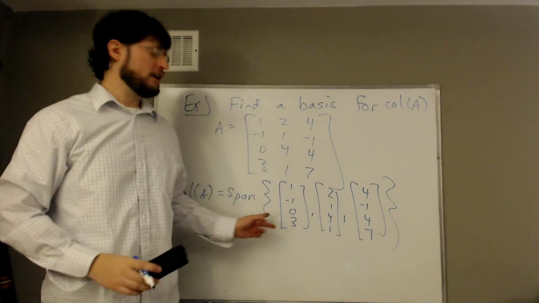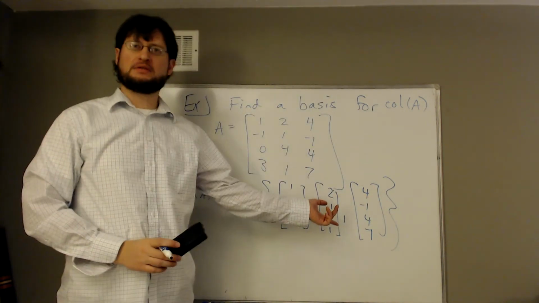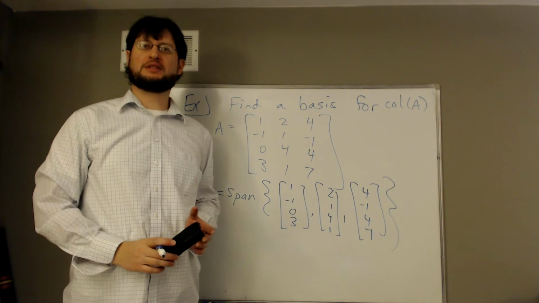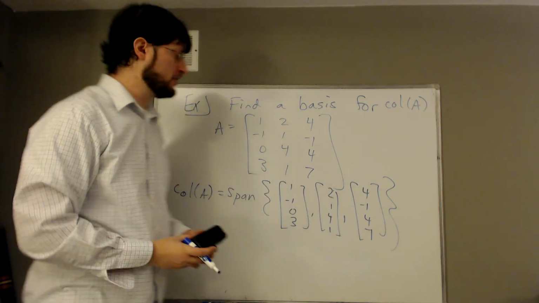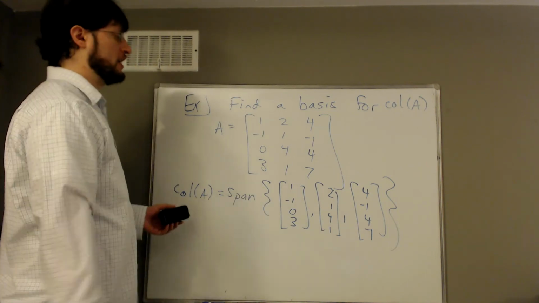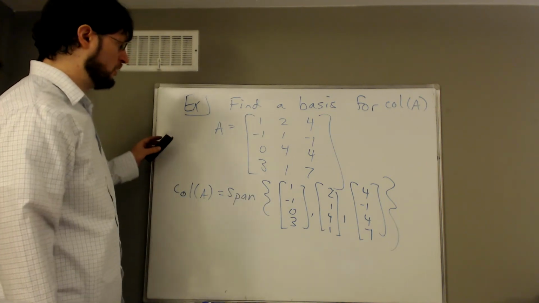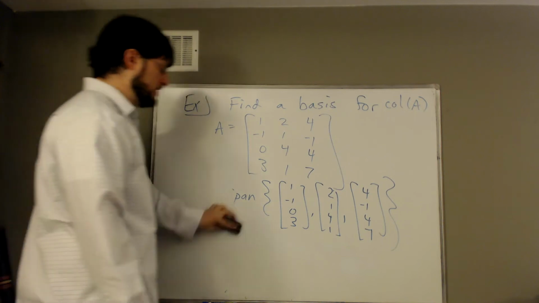So if these vectors were linearly independent, then it would be a linearly independent spanning set, which would be a basis. But if the vectors are not linearly independent, then it's in fact not a basis, and we don't need them all. So let's see what happens.